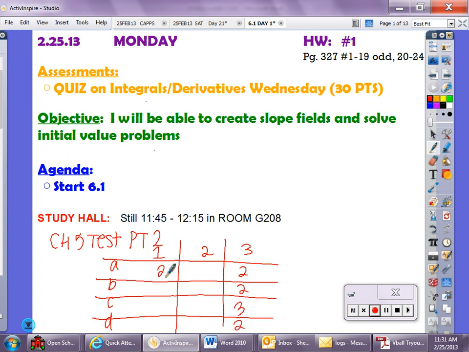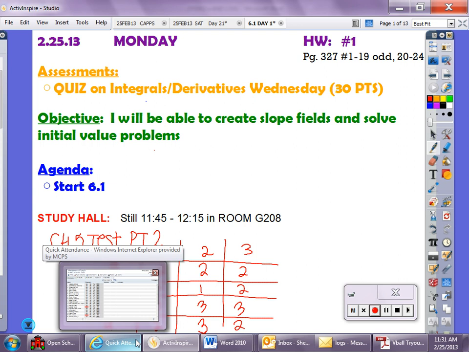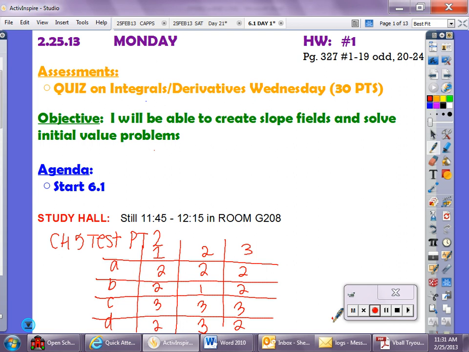Number 1 was 2 and 2, that's 4 points, so I think this was 3 and 2. Number 2 was 2, 1, 3, 3. I believe those are the point breakdowns for each question. A, B, C, D. That way you know if you got a part wrong, which part you lost the points in.